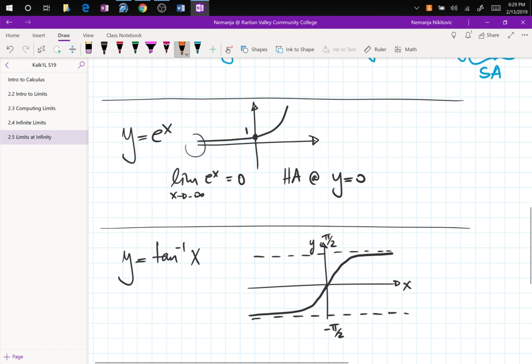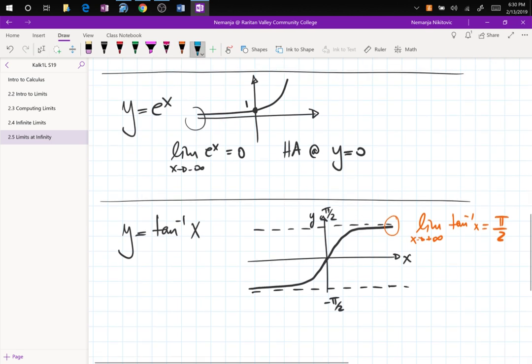Over here, the limit as x approaches positive infinity of inverse tangent of x is going to be pi over 2. That's the upper one. And on this side, the limit as x approaches negative infinity of inverse tangent of x gives us negative pi over 2.